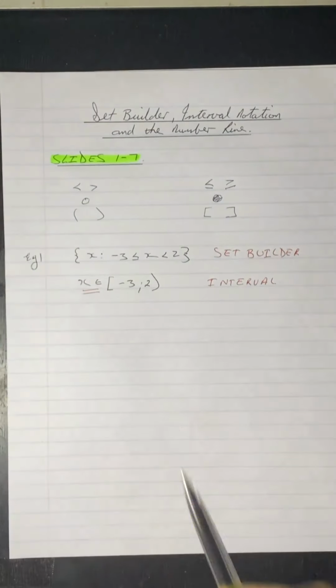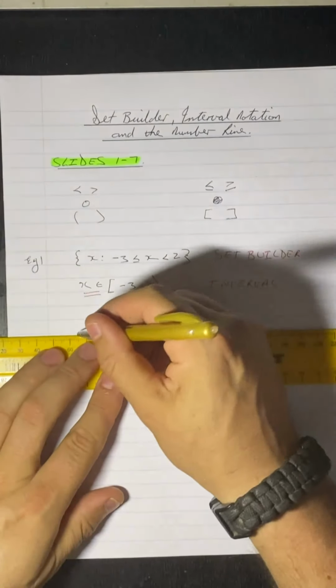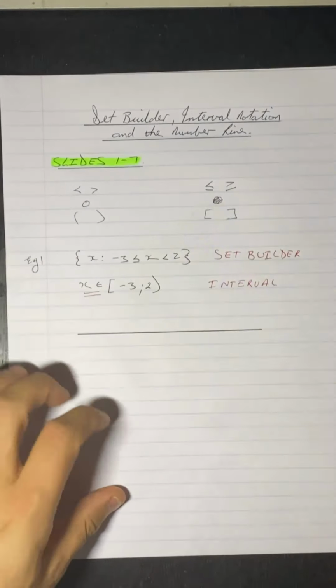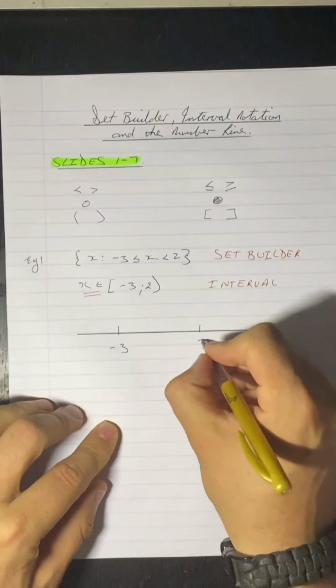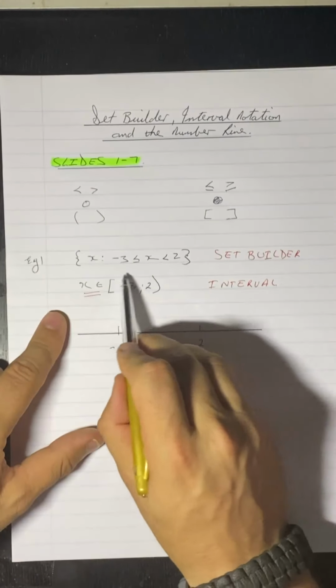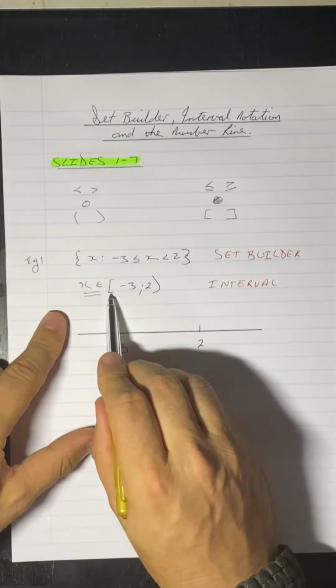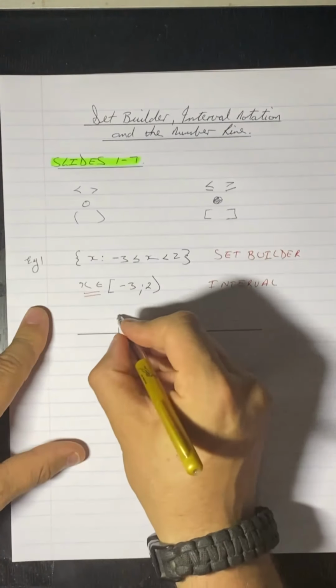So to draw this on a number line, just draw up your number line. The smaller number goes on the left, and the bigger number goes on the right. Now, if we have a look at your interval notation, it's an easy one to work with. It has a square bracket. A square bracket means you get a closed dot.